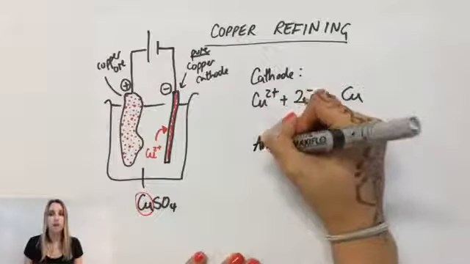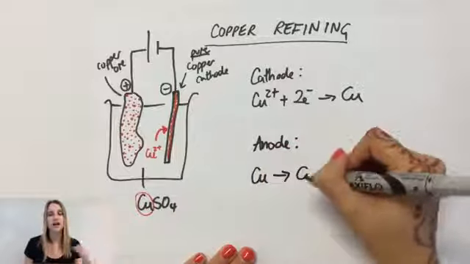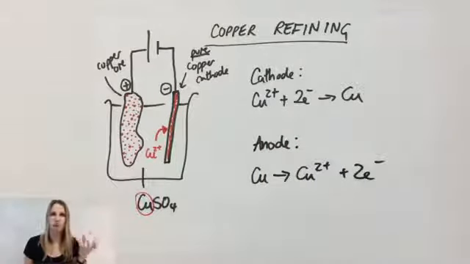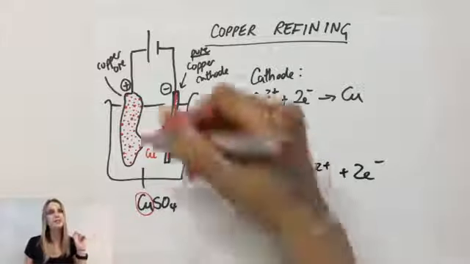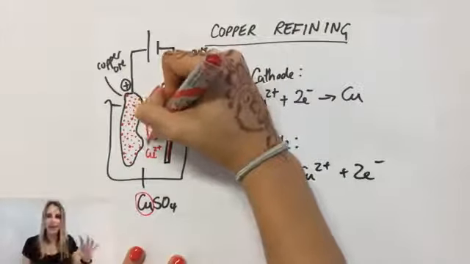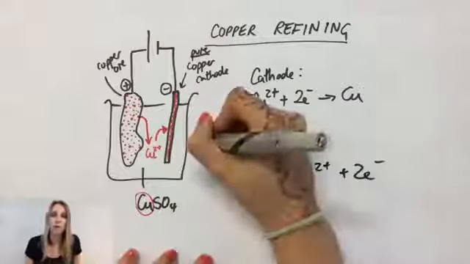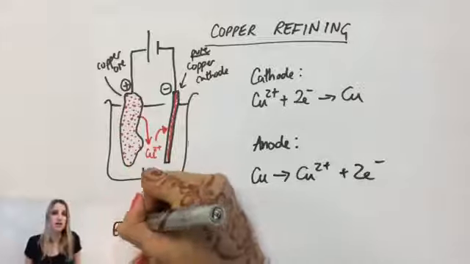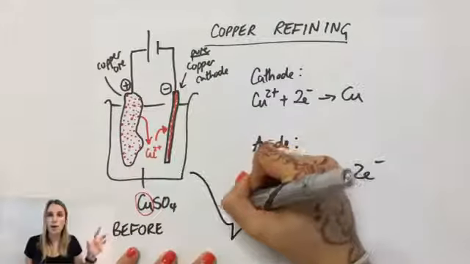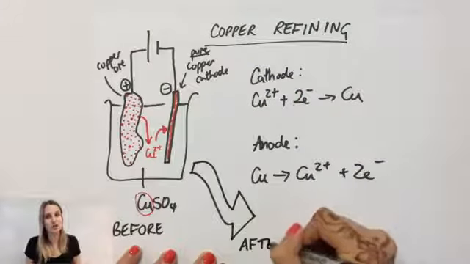At the anode, however, you've got the copper turning into Cu2+ and 2 electrons. But because in this case it's a piece of rock, it's just those pieces of copper that will be oxidized to Cu2+. Anything else, all the sand and other stuff that's in the rock, will just fall to the bottom because it's not going to get put into solution. So this means I can separate the copper out of the rock because that turns into Cu2+ in the solution.